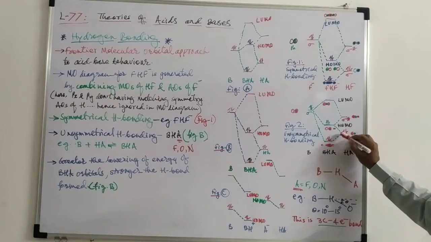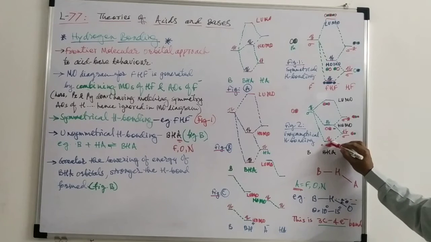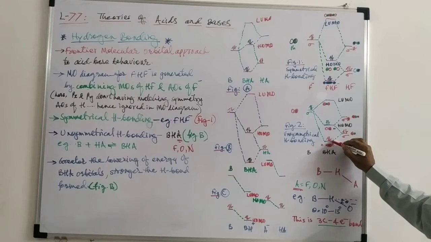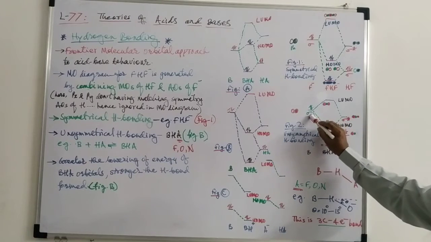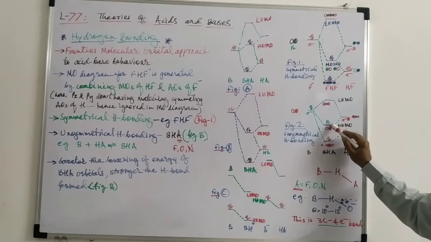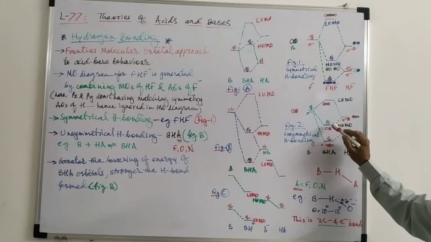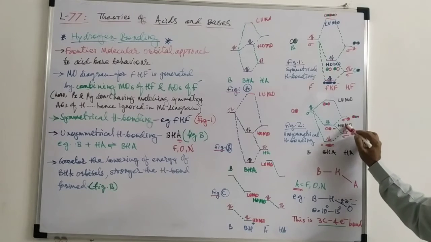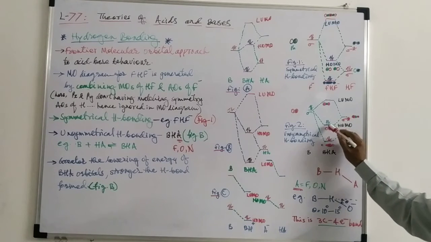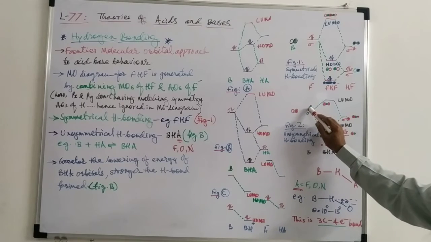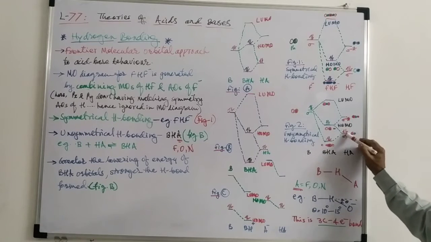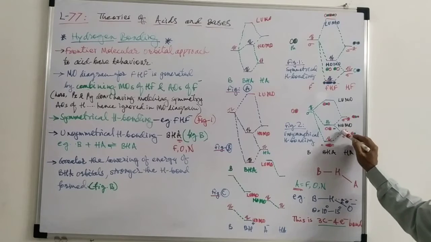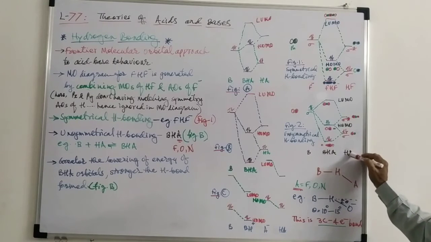So here the electron pair of the sigma of HA goes into this low energy bonding molecular orbital, and the sigma molecular orbital called the HOMO contains this electron pair. So this electron pair is moving from the boron sigma, that is the HOMO, to this HOMO, and it is also interacting with this sigma of HA.